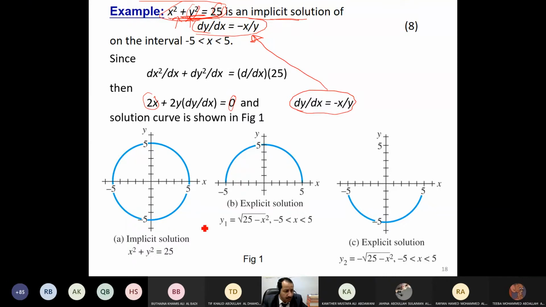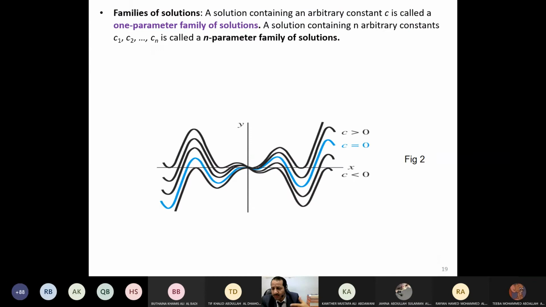Now, if we plotted here the implicit, we will get all the options from different direction. But if I take x squared to the other side, it will be minus x squared, and take square root in this way, it will be plus minus. Okay, so y will be now explicit. As you can see here, we will have y1, we will have y2. We can sketch them. Now it's y equals something. Still, I'm introducing the topic, the terminology.